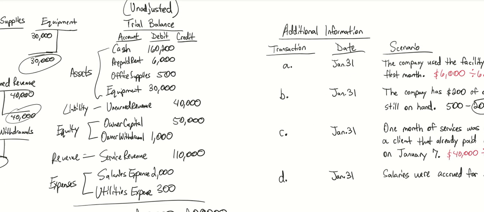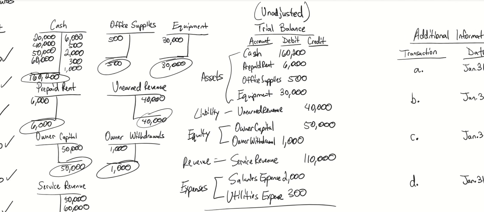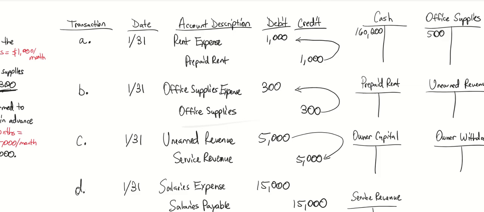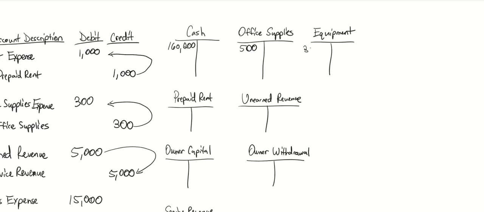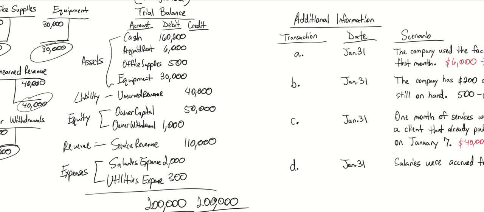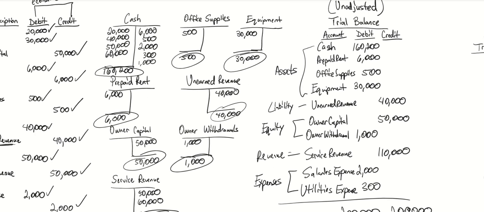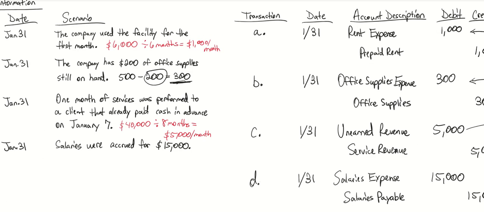Equipment, we have a debit balance of $30,000. Prepaid rent, we have a debit balance of $6,000.